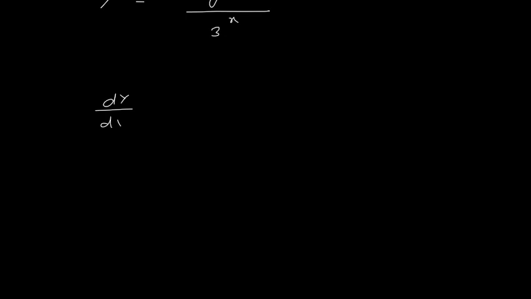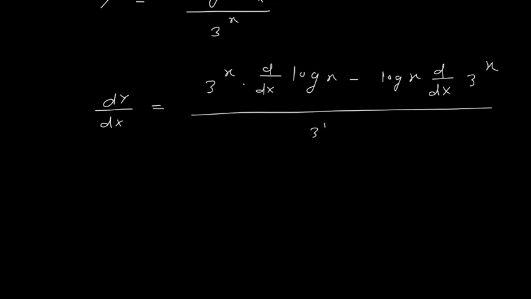Your derivative dy upon dx is equal to v, that is 3 power x, into the derivative of log x, minus, so it is v into derivative of u minus u, which is log x, into the derivative of 3 power x, and the whole divided by 3 power x the whole square. So 3 power x into the derivative of log x is 1 upon x, minus log x into the derivative of 3 power x, which is 3 power x into log 3.